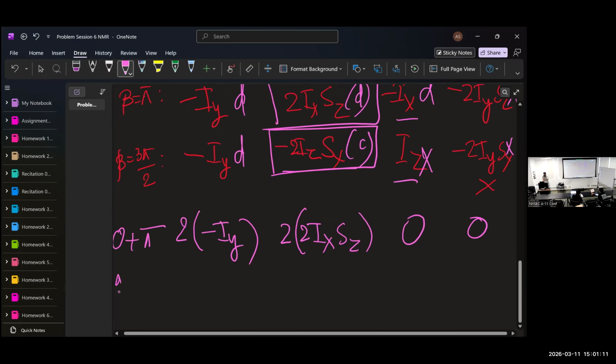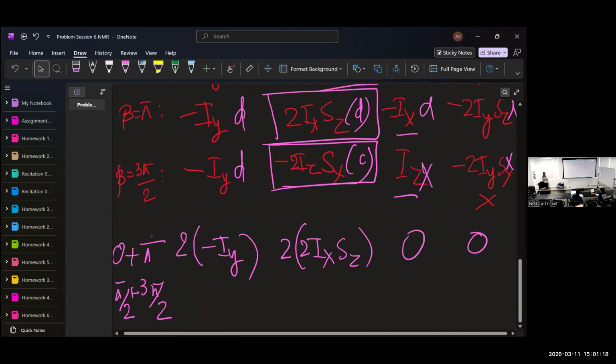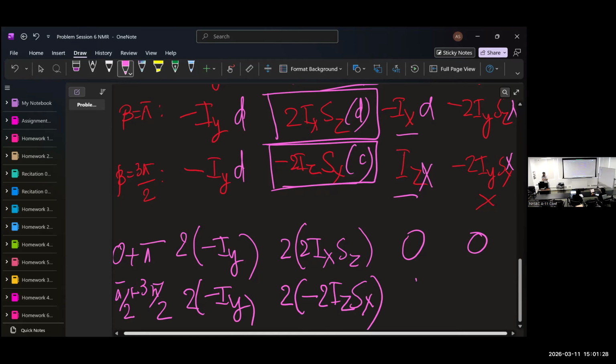Similarly, if I do pi over 2 and 3 pi over 2, I again get 2 times minus IY, and 2 times, then IZ minus IZ goes away, and this will go.